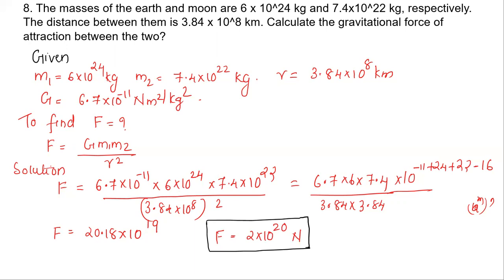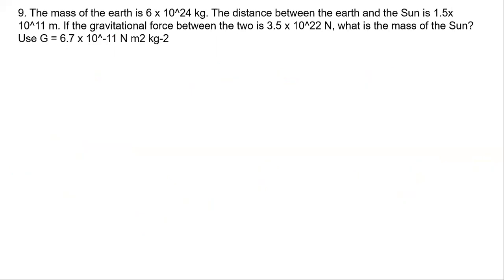Now let us solve the last question. That is, the mass of Earth is given. Mass of Earth, let it be M1, is equal to 6 into 10 raised to 24 kilogram. Distance between Earth and Sun, that is R, is given 1.5 into 10 raised to 11 meter.